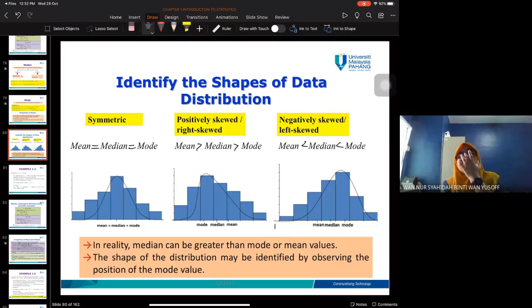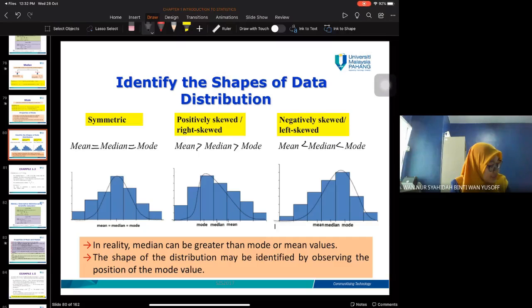Before this, you have the histogram to identify the shape of the data distribution. The second method that we can use to identify the shape of the data is by using mean, median, and mode.